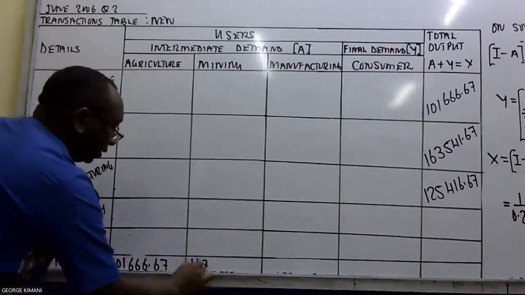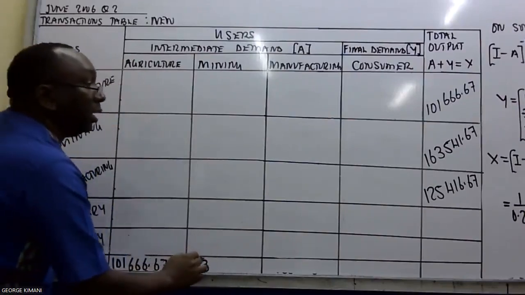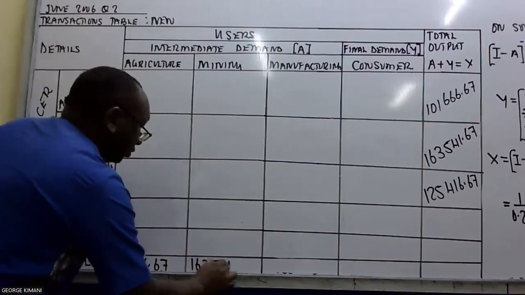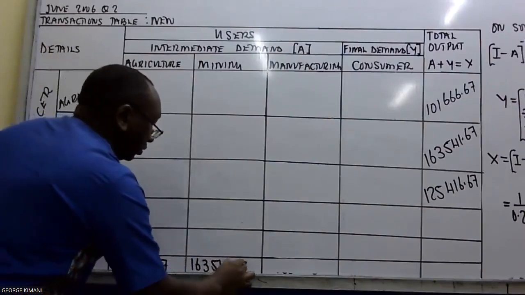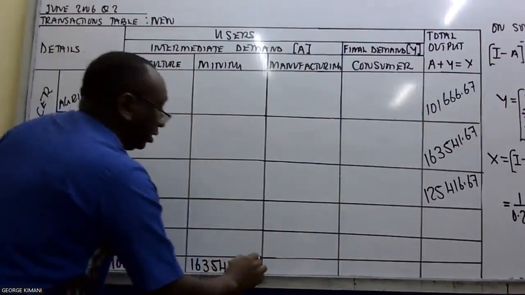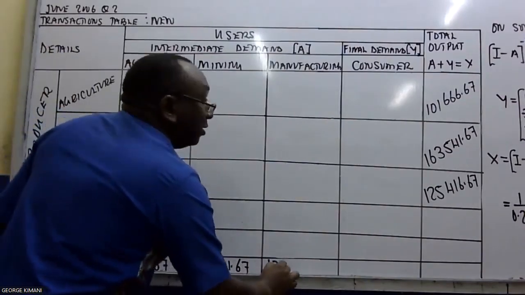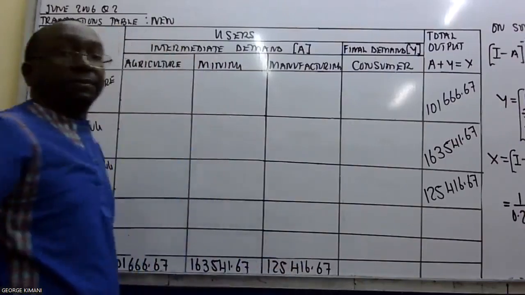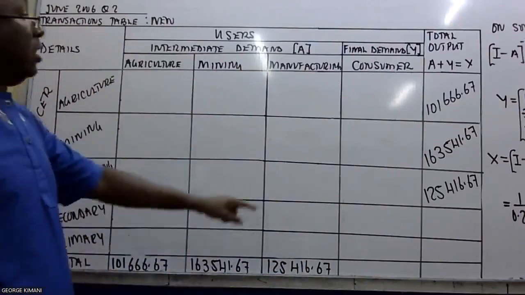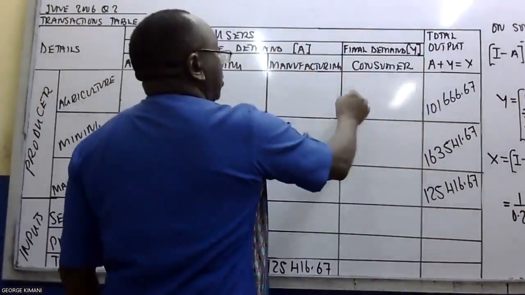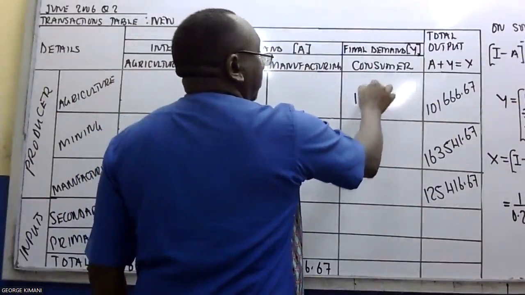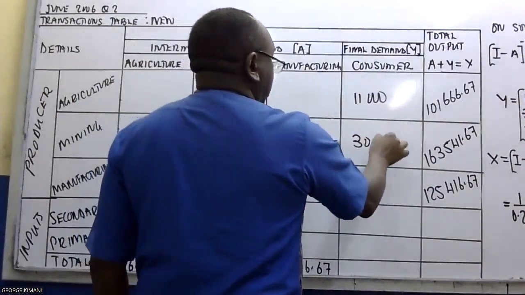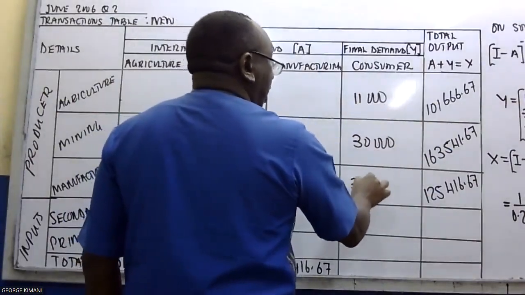This will be 163,541.67. This will be 125,416.67. The final demand is this one that we already have used, 11,000, 30,000, and 39,500.